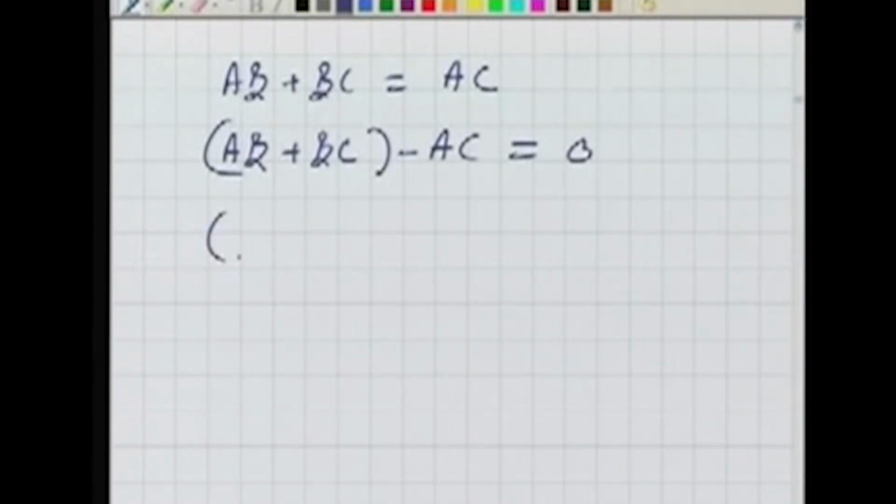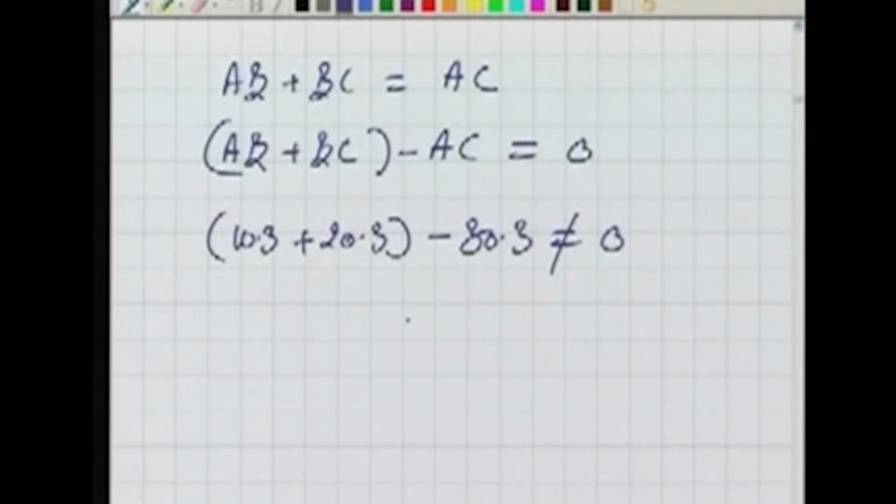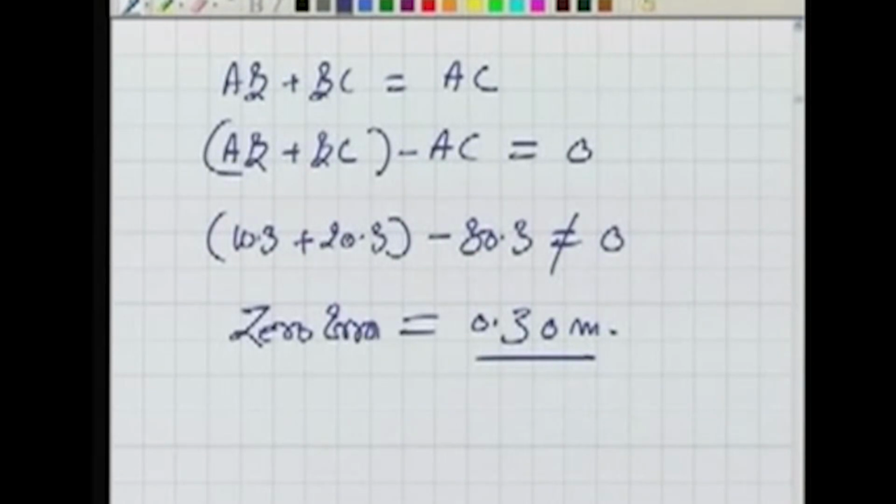As we can see in this case, 10.3 plus 20.3 minus 30.3 is not equal to 0. That is equal to 0.30 meter. So, just by using this basic equation, we could find the amount of the zero error. So, that is our zero error.